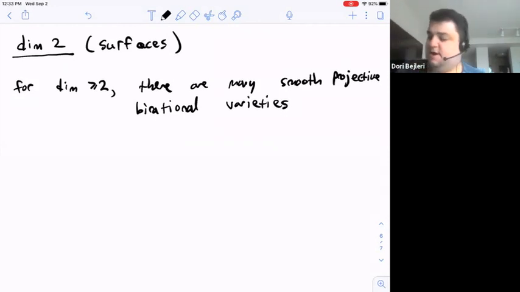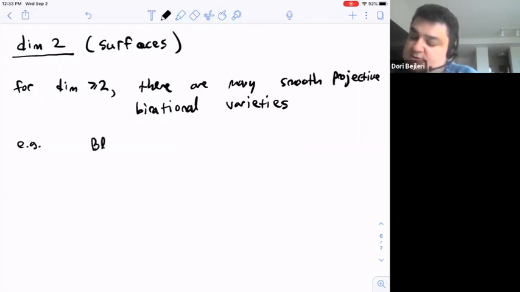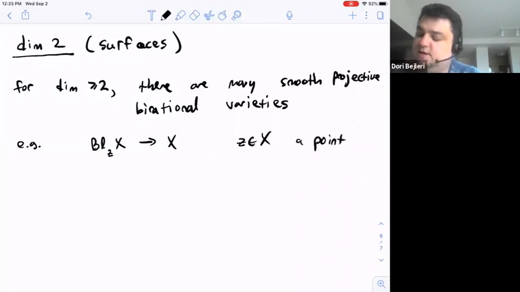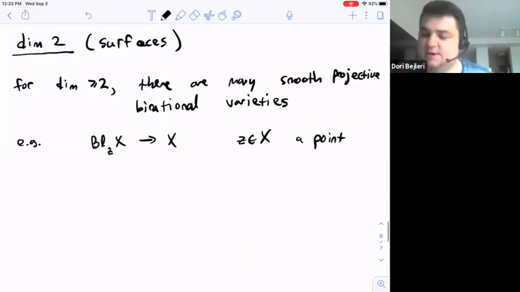Okay, so in higher dimension, there are many smooth projective birational varieties, and you can see this because of blowups. So if we have our surface and we just pick any point, then the blowup at this point is another smooth projective surface that's birational to X. So already step one becomes a little more complicated, but this isn't so bad.